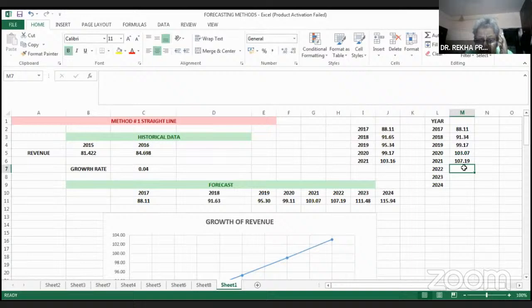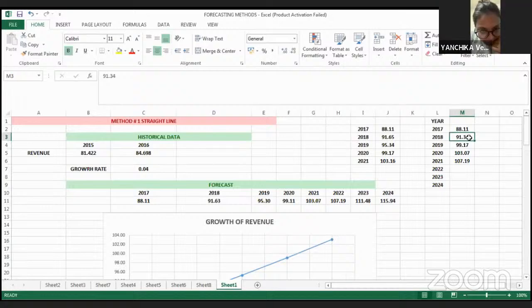Ma'am, the upper digits are also wrong. 88.11, 91.63. Okay, it is 63. In 2018, 95. This whole thing is 63.